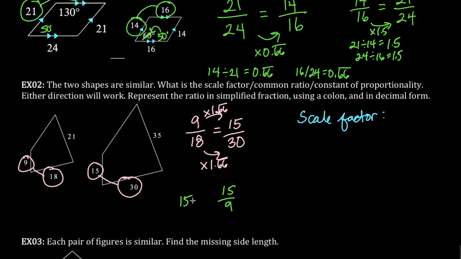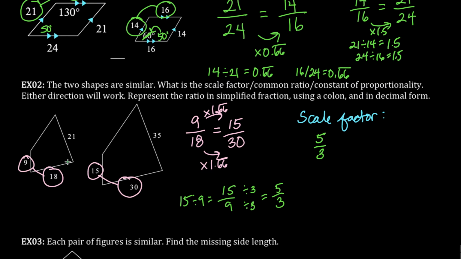So let's just reduce this. Is 5 over 3. So the scale factor can be 5 over 3. Or maybe I should write it just regular fraction. 5 over 3. We can also write it as, let's see, colon form.